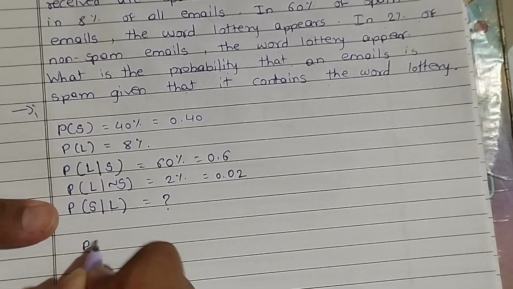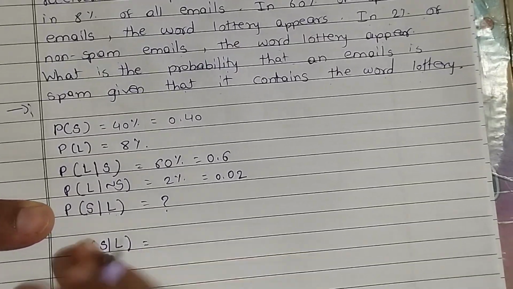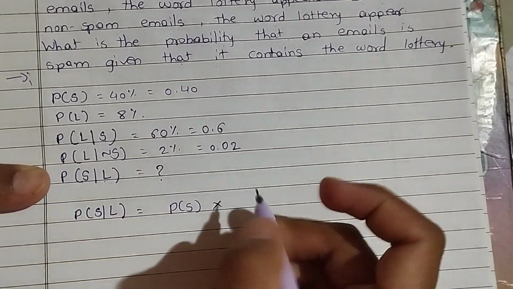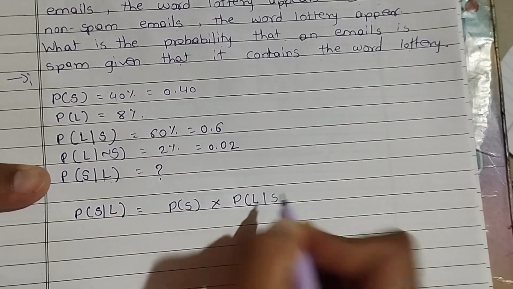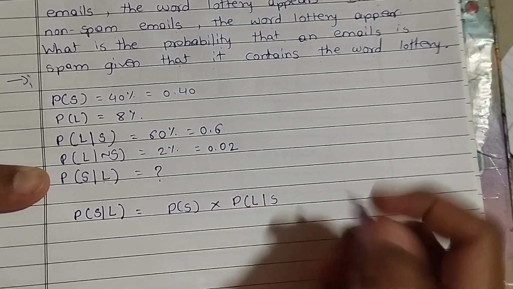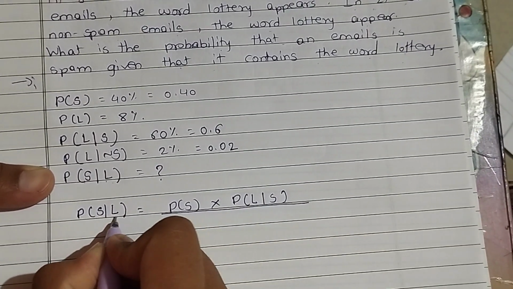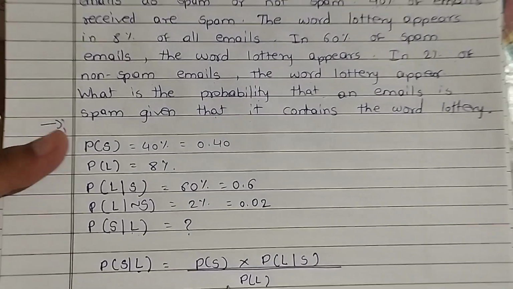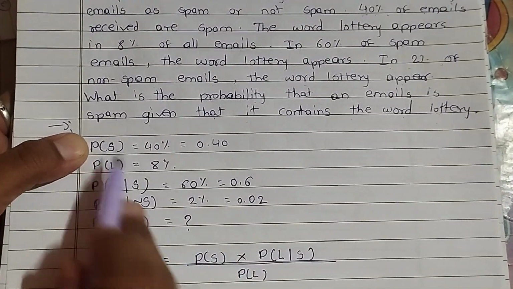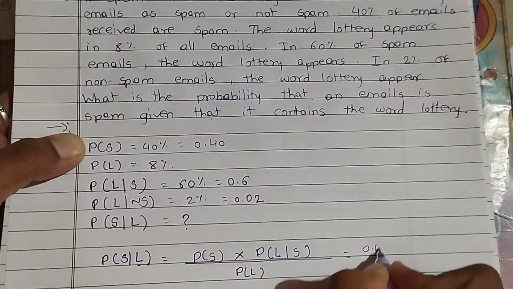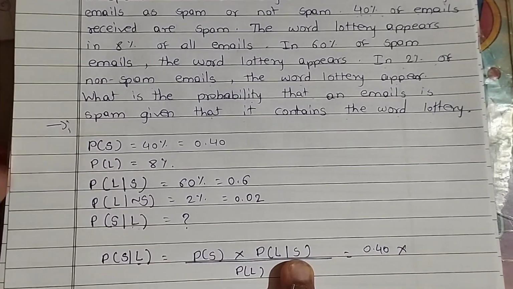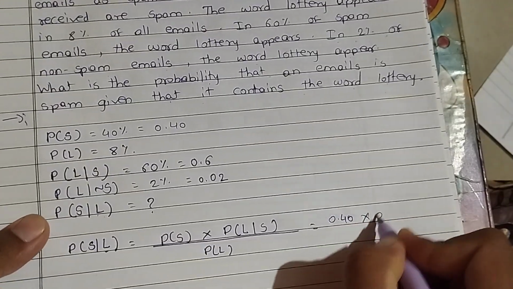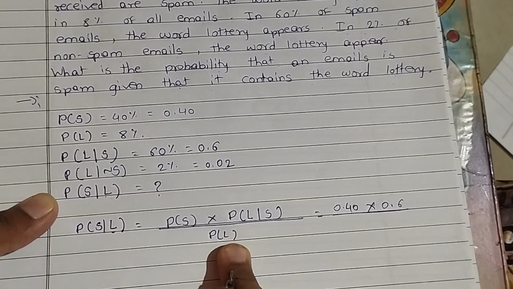So the probability of S given L is the probability of S, interchanging the terms, times P of L given S, divided by the second term, P of L. P of S is 0.40, times P of L given S, which is 0.6, and now P of L.